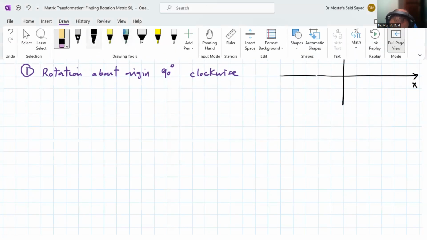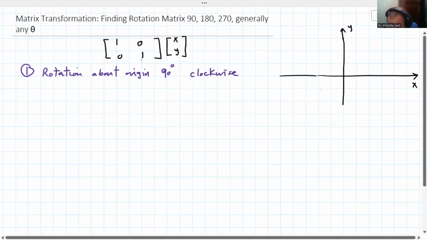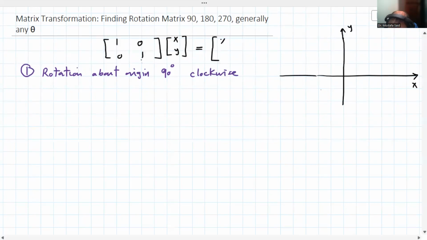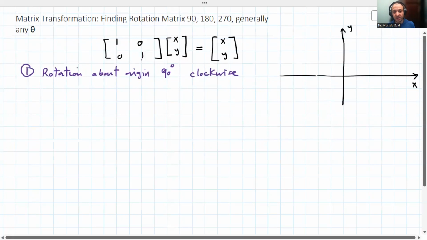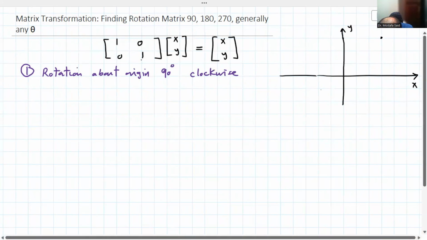If we multiply this vector by the identity matrix, which is 1 0 0 1, what's gonna happen? It will stay the same, because any vector multiplied by the identity matrix will give you the same vector again.